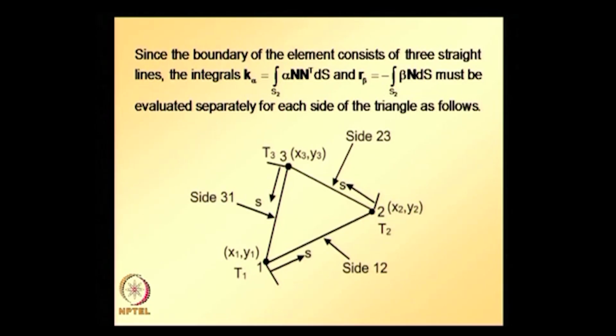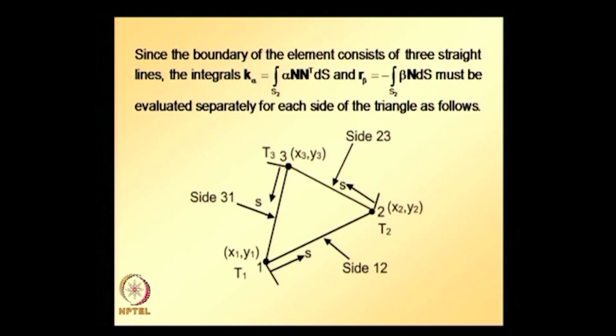Since the boundary of the element consists of 3 straight lines, integrals k alpha and r beta must be evaluated separately for each side of the triangle. So, we need to evaluate these integrals for each of the sides 1 2, 2 3, 3 1 separately.